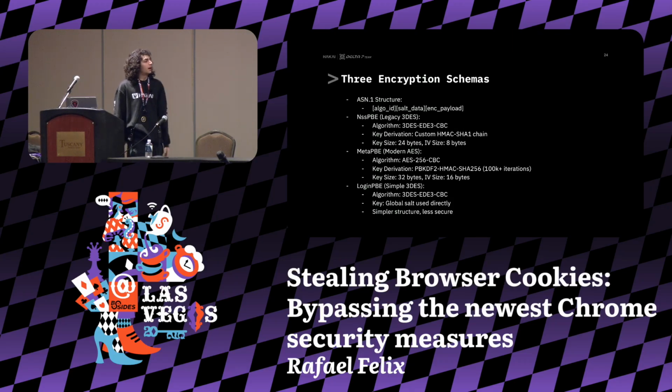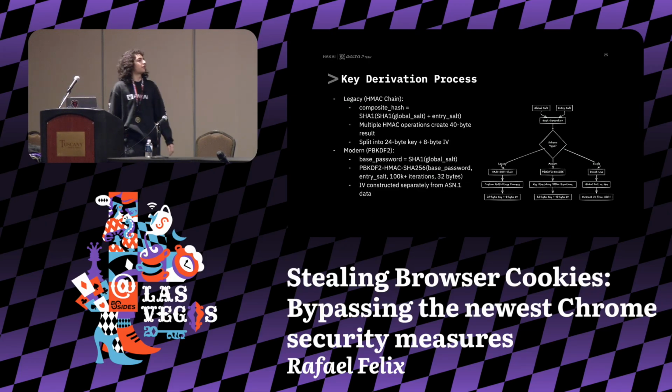So yeah, here we have the AES-256-CBC algorithm. The key derivation is actually PBKDF2, with HMAC and SHA-256, sorry, with 100,000 iterations. The key size is 32 bytes, and the IV size is, of course, 16 bytes. Here I have a diagram, if that helps too. The key derivation process for modern PBKDF2.